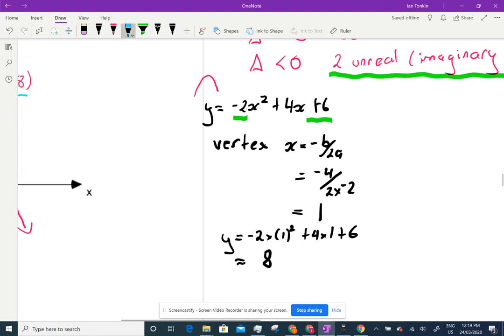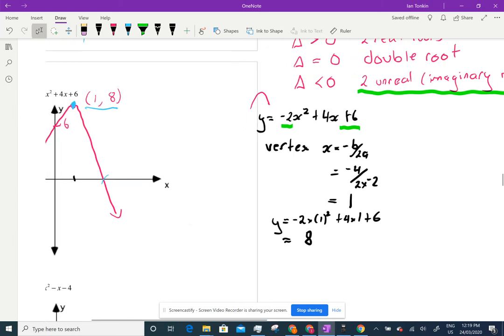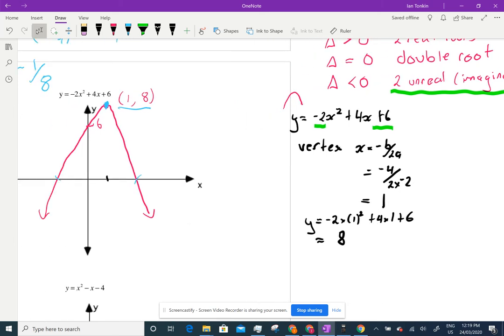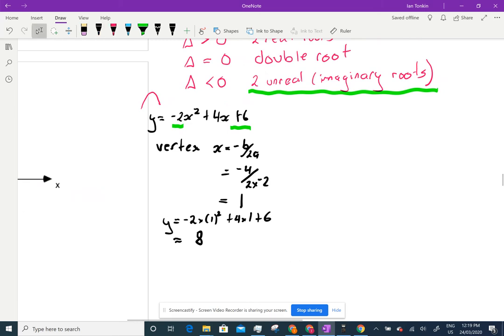Now, remember, if you can solve that quadratic by factorising, you'll be quicker. So anyone who's done 5.3 mathematics. But I'm going to use a quadratic equation. I'll do both. So I'm going to solve for y equals 0. So I get minus 2x squared plus 4x plus 6 equals 0. I'm going to divide everything by negative 2.